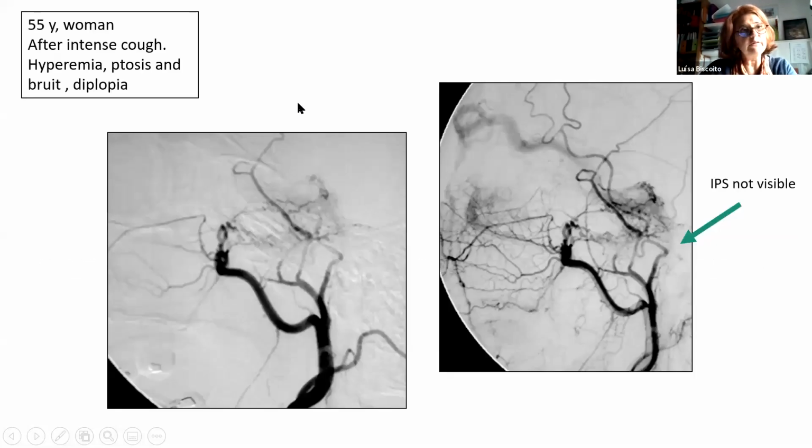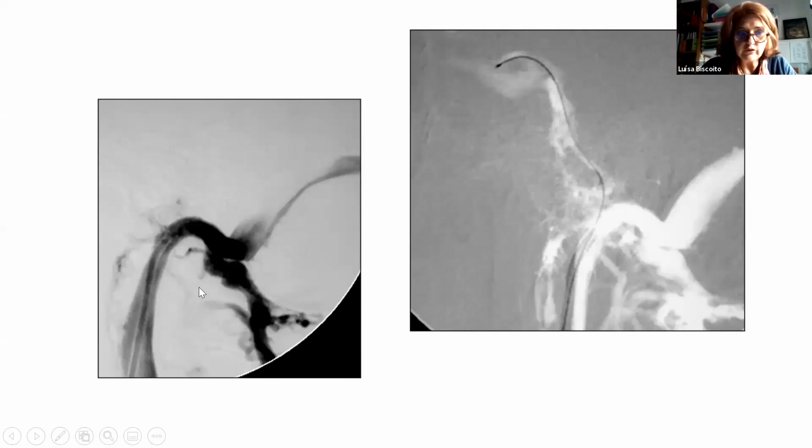But in this other case, a woman after intense cold developed hyperemia, ptosis, and brutal diplopia, and she had a fistula. You see here from the external carotid artery the venous part, the cavernous sinus, but it is draining to the superior ophthalmic vein, and we don't see the IPS. We don't see the IPS, but it doesn't mean that we cannot catheterize.